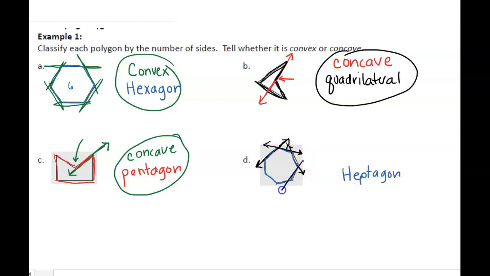So far we're clean. This one. We don't. So if we continue every one of those sides, none of them will go into the interior. So this would be a convex heptagon.